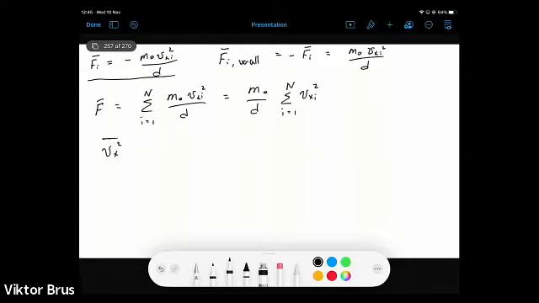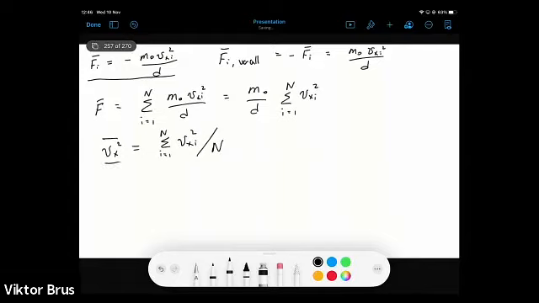How do we get an average? We have the sum of Vxi squared for all molecules, and then divide by the number of molecules. So we can write it as follows: sum for i equals unity to n of Vxi squared, divided by the total number of molecules n.